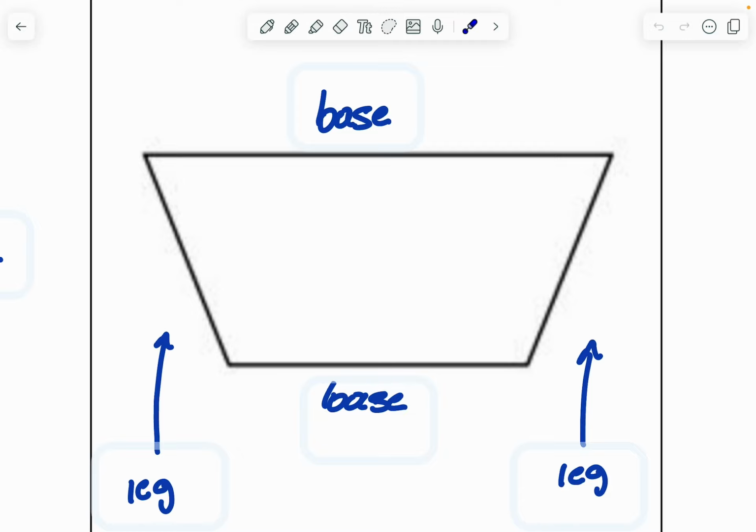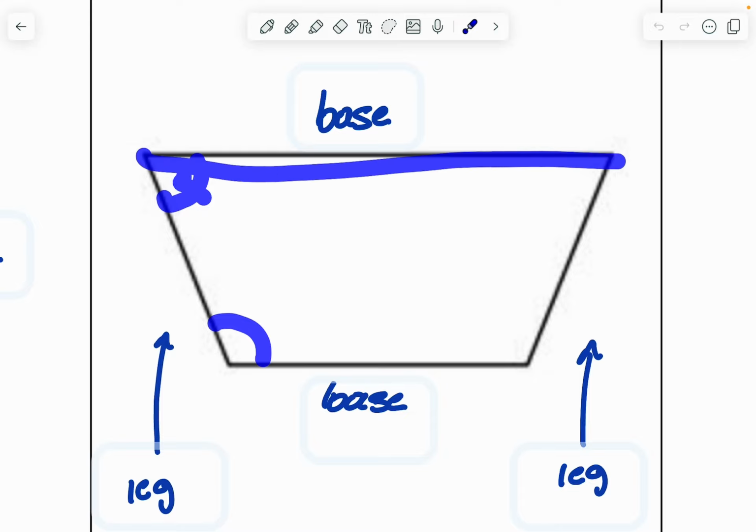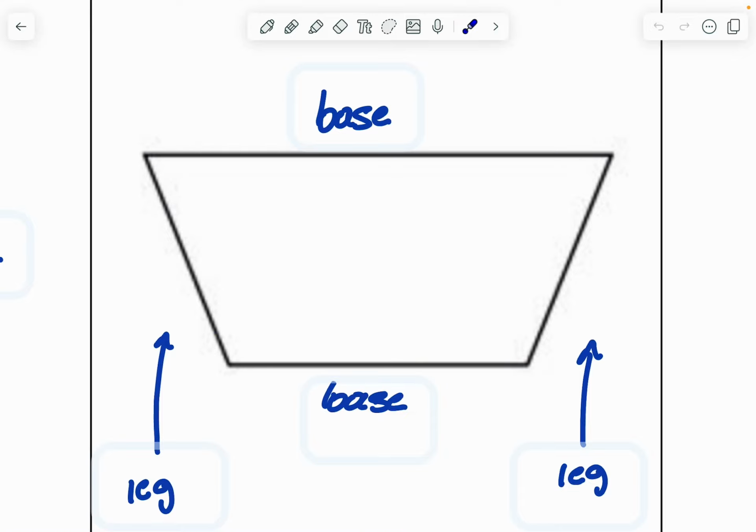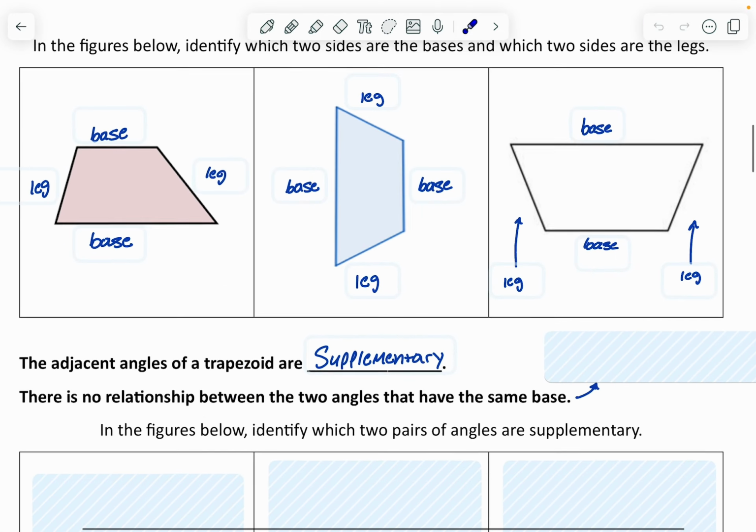Adjacent angles in a trapezoid are the two angles that are formed looking at the two different bases. All right, so the angles that are next to each other but do not have the same base. If they have the same base, we call those base angles.